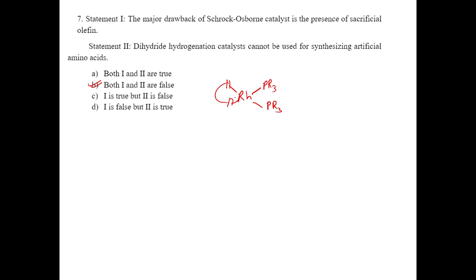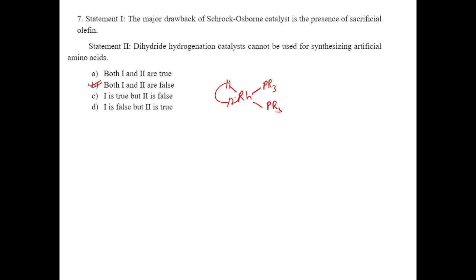center, and it also directs the actual olefin that we want to hydrogenate to bind in that place. It leaves that place, and the other olefin that is needed for the hydrogenation reaction binds over there.